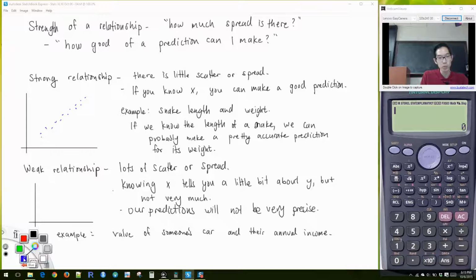And with a weak relationship, maybe overall there is a general trend going in the positive direction, but you've got a lot of scatter as well.